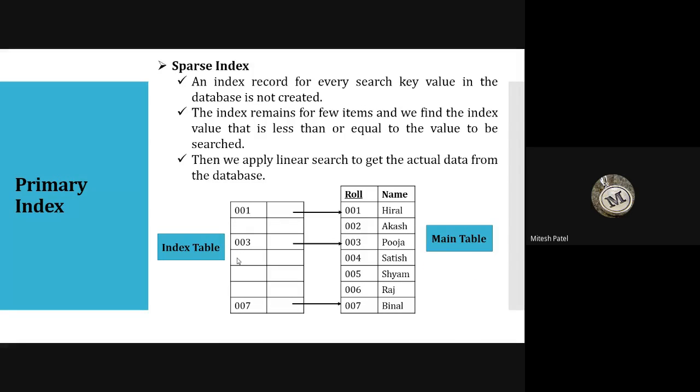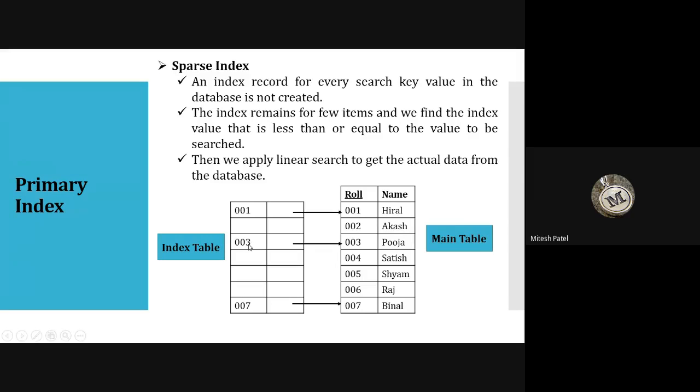And sparse index, an index record for every search key value in the database is not created but in some block structure, like 001 is stored in an index table for this roll number, 003 for this, and 007 for this. It means we have 3 index entries.